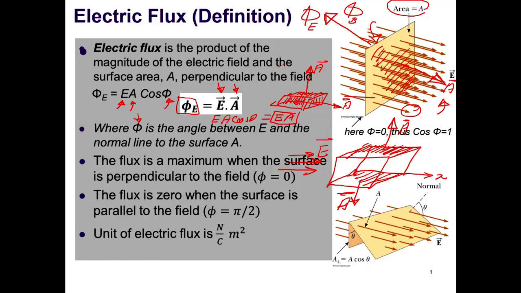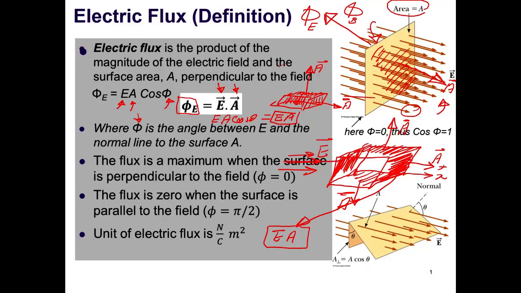What about this surface here? Here this is A, and the electric field is also toward it. Therefore the flux going through this surface is equal to E A cosine 0, which is 1, so it's just EA. What about the left side here?